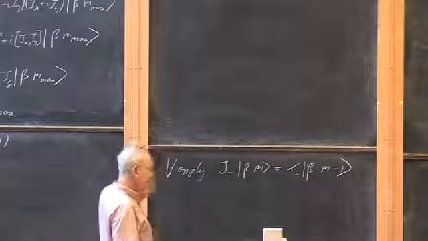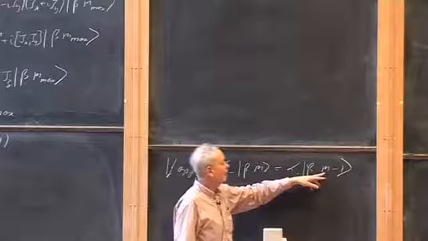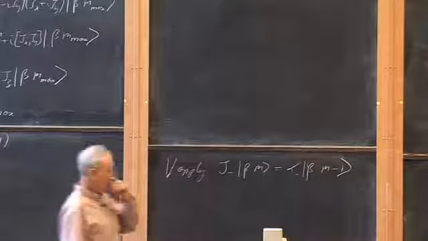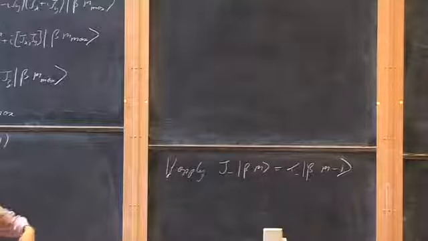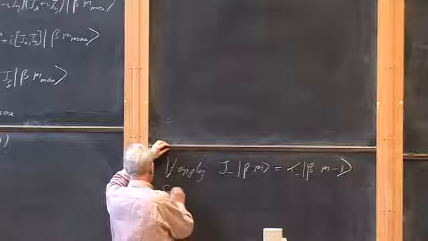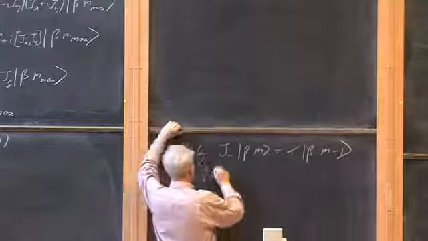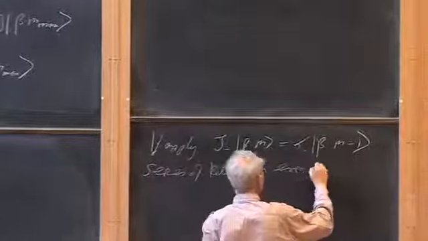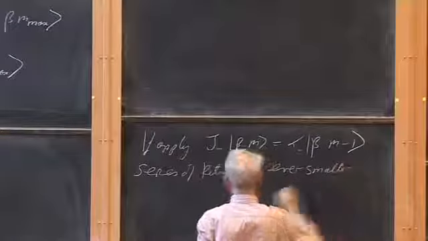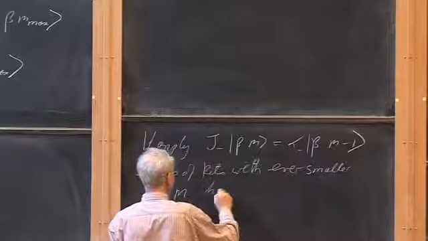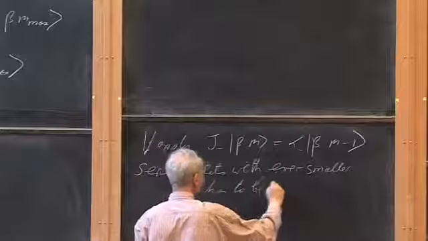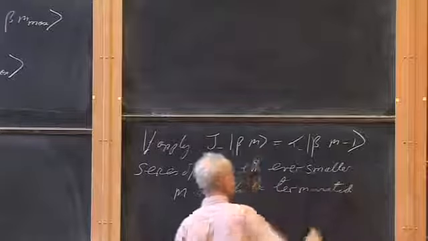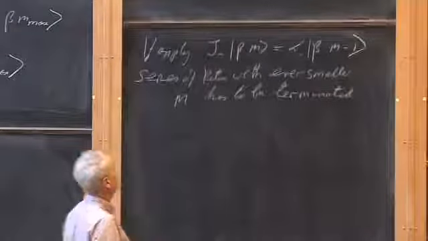But we still have this condition that m squared has got to be less than beta. So this series of operations has got to terminate as well. So a series of kets with ever smaller m has to stop. So there must be a minimum value of m, which we imagine will be negative.